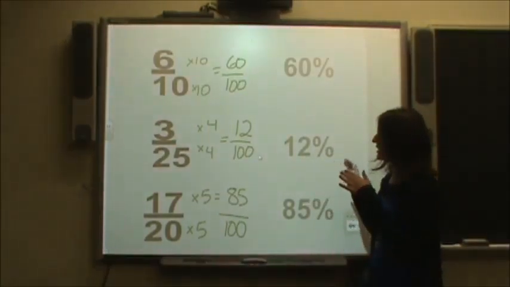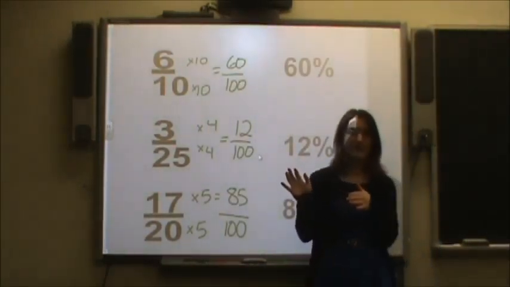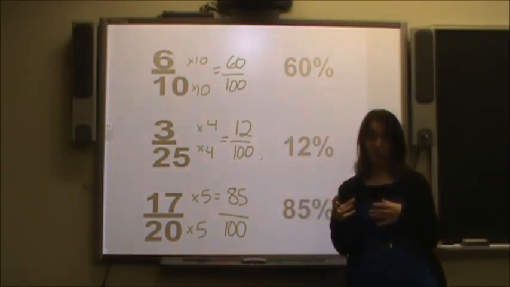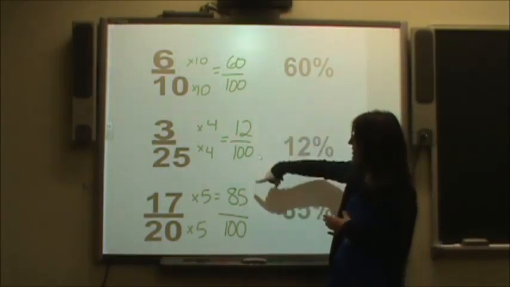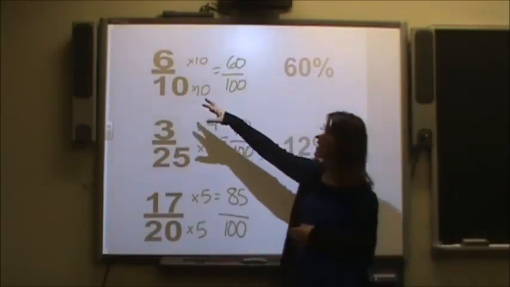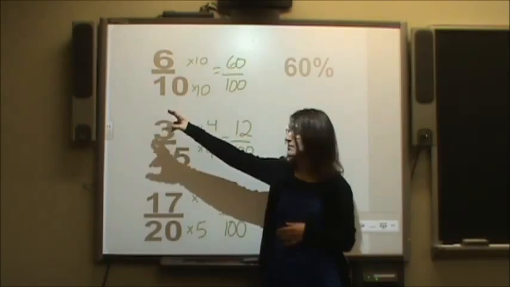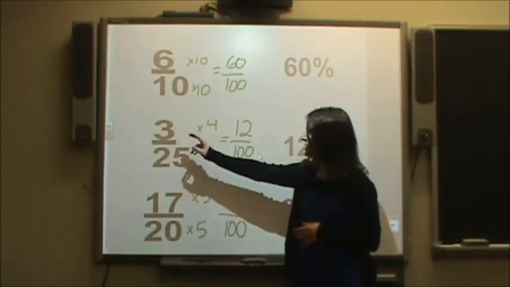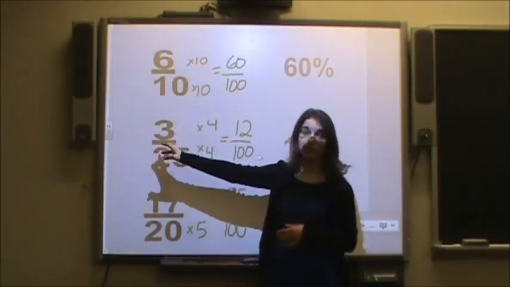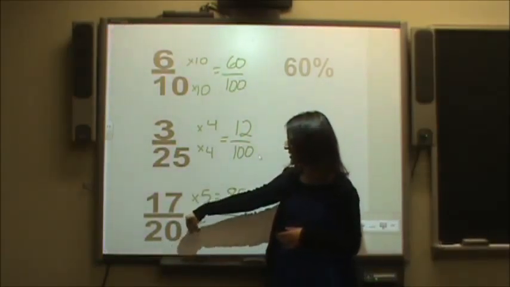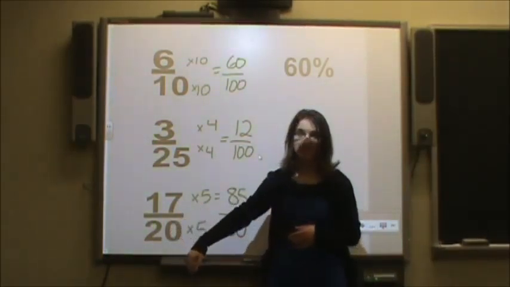Percentages are a good way for us to be able to compare numbers that have a different whole. So let's say Tommy kicked the ball 10 times and got it in 6 times. Elisa kicked the ball 25 times and got it in 3 times, and Jack kicked it 20 times and got it in 17 times.